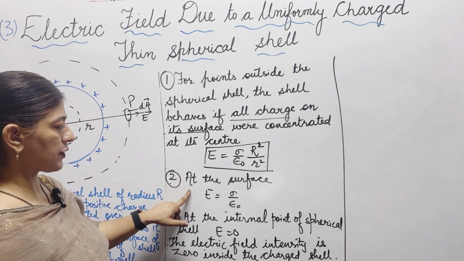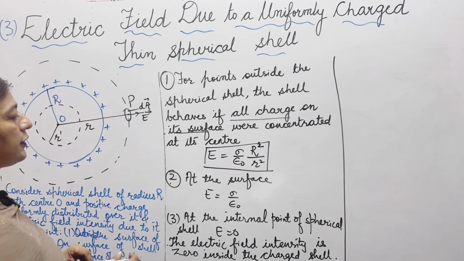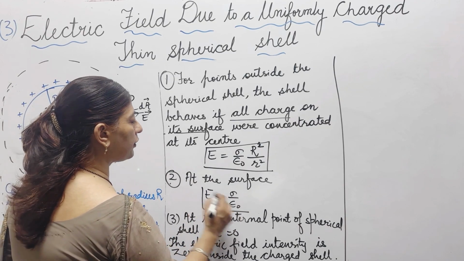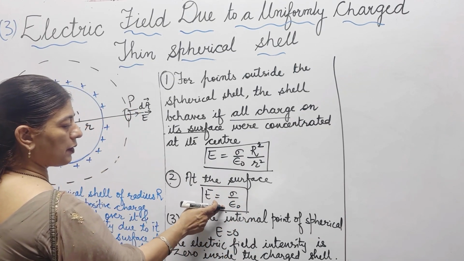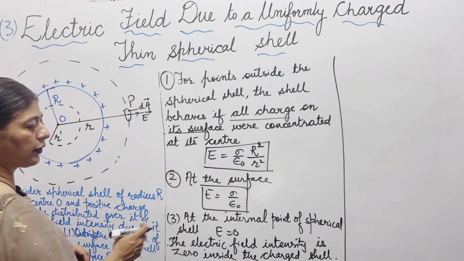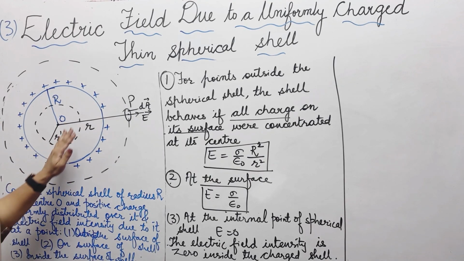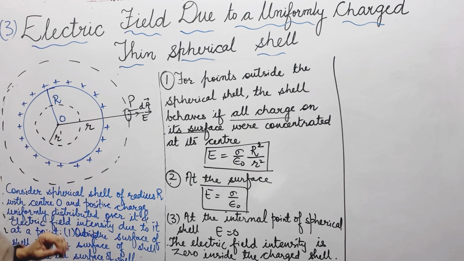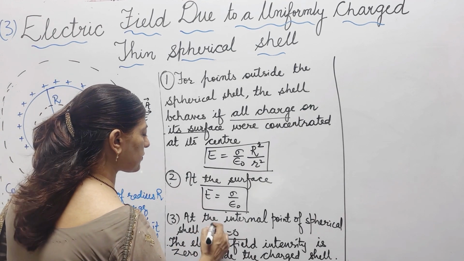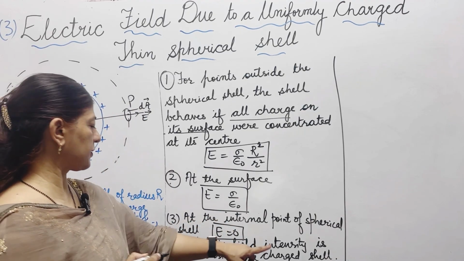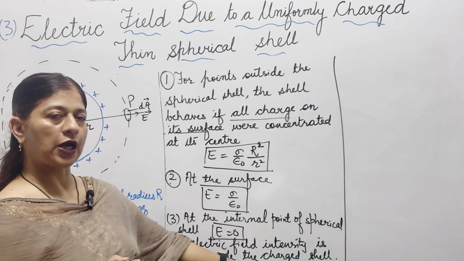And at the surface, the electric field intensity is equal to sigma by epsilon naught. And third, for an internal point of the spherical shell, anywhere we take, the electric field intensity is zero. The electric field intensity is zero inside the charged shell.